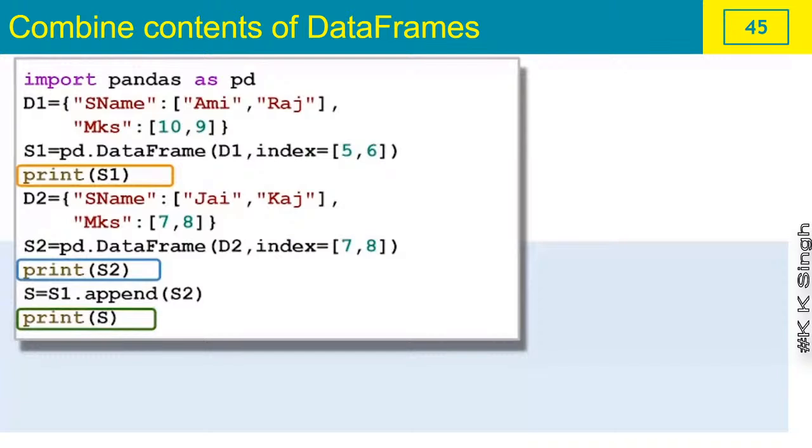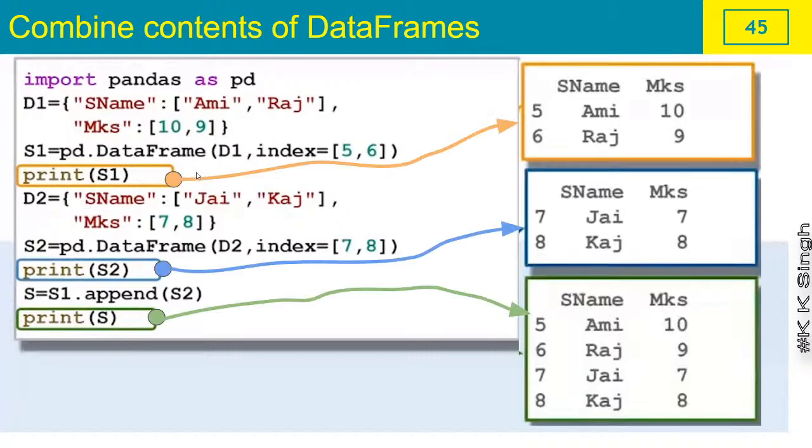When you print S1, it will give you S name as Ami and Raj, and these are the indexes which you have assigned, 5 and 6, and the marks are 10 and 9. So this is the complete data frame, and 5 and 6 are the loc values in the indexes.